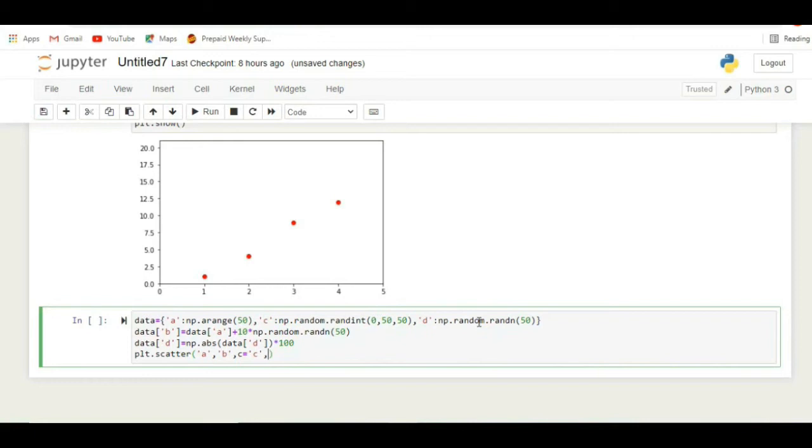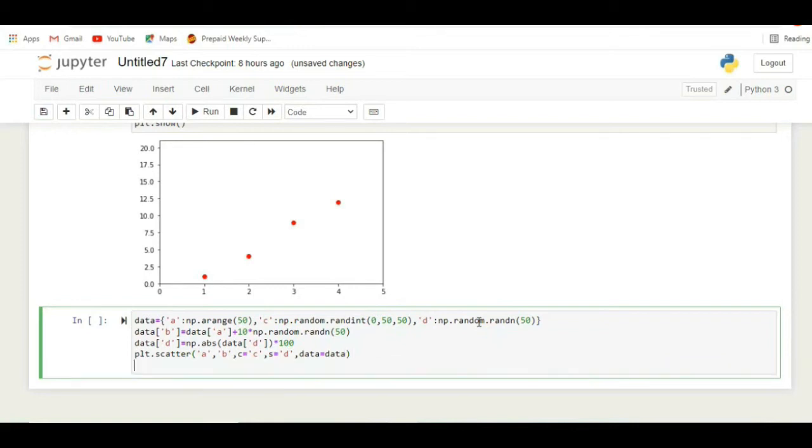Okay, and now s equals 'D', and of course D is written inside single quotation marks, and then data equals data. The next is plt.xlabel.